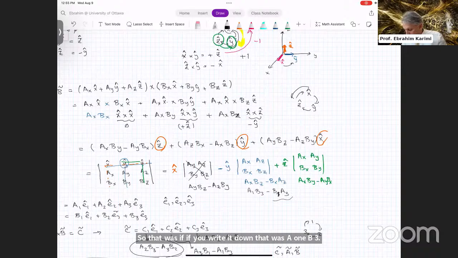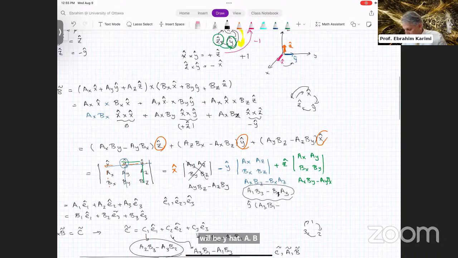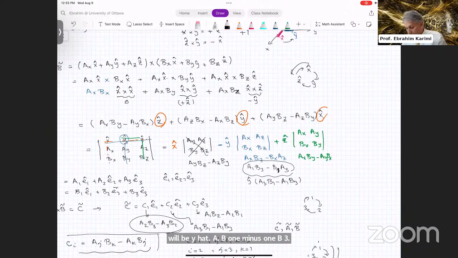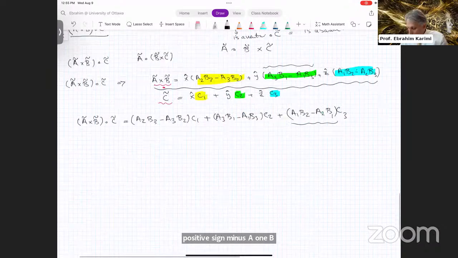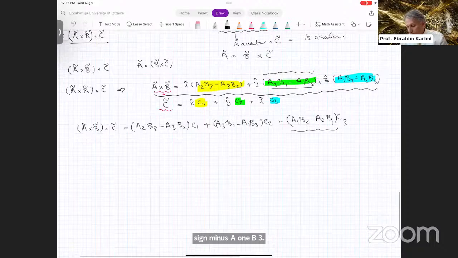So if you have this with the negative sign, then it will be Y hat (A3 B1 minus A1 B3). Now let's go down. Remember, A3 B1 with a positive sign minus A1 B3. A3 B1 minus A1 B3 is correct. Okay.